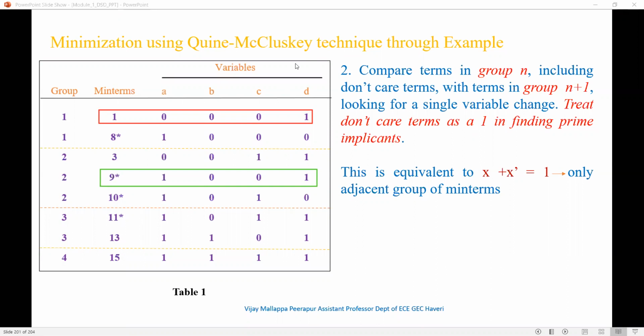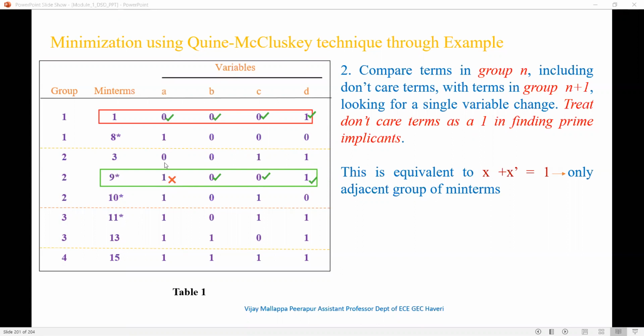It is 0 here. Do we have it here? We don't have it here, right? What about this one now? It is 0 here, it is also 0. It is 0, it is 0. It is 1 and 1. Just by looking at this, three variables are the same, only one variable changes. So when we write the next table, the table which contains groups of two minterms, you represent that A term by a dash because you eliminate this variable A when you create a group of two minterms.